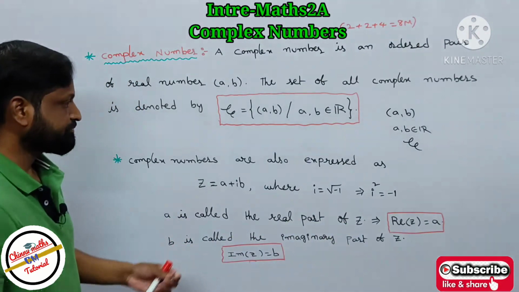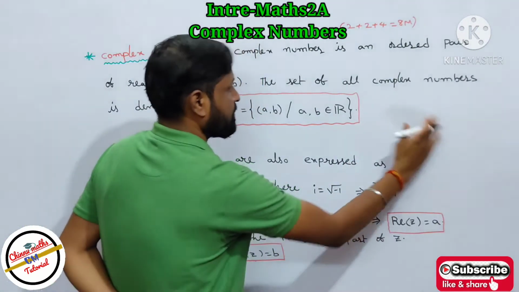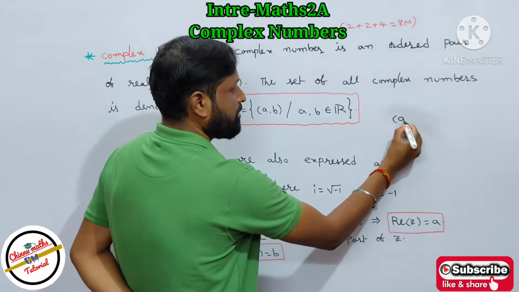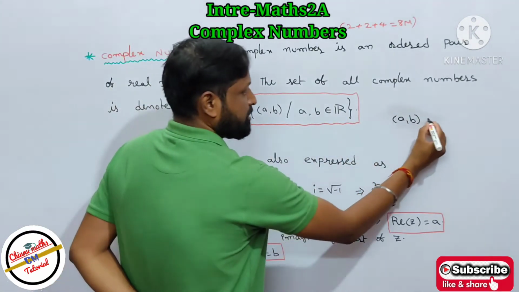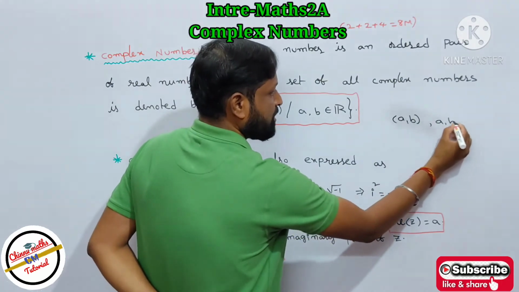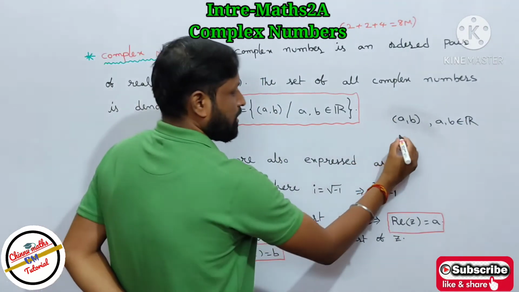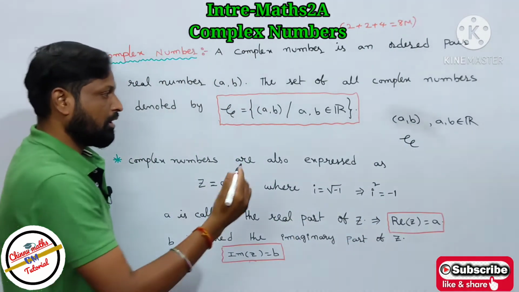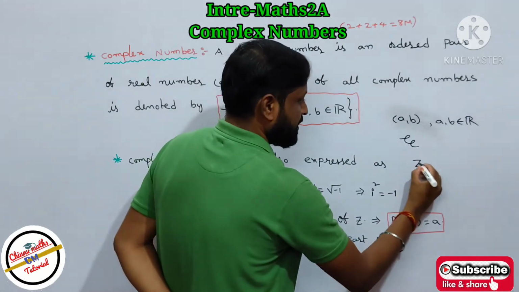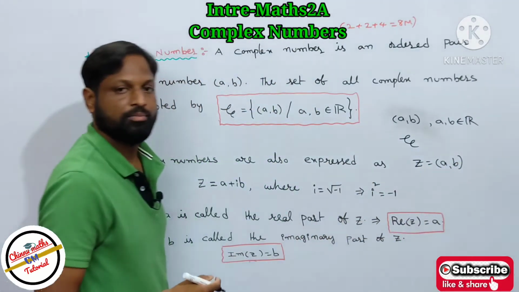Let's see here. The ordered pair a comma b is called the complex number. The ordered pair a comma b always belongs to the real numbers. The complex numbers are generally denoted by capital C. Suppose if you take z equal to the ordered pair a comma b, z also belongs to the complex numbers.